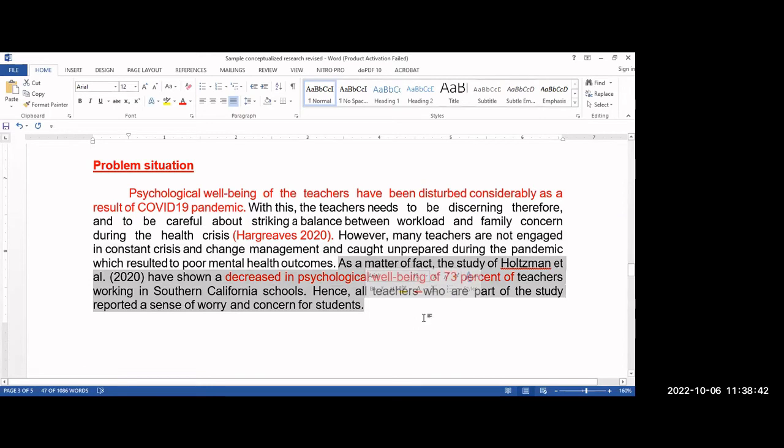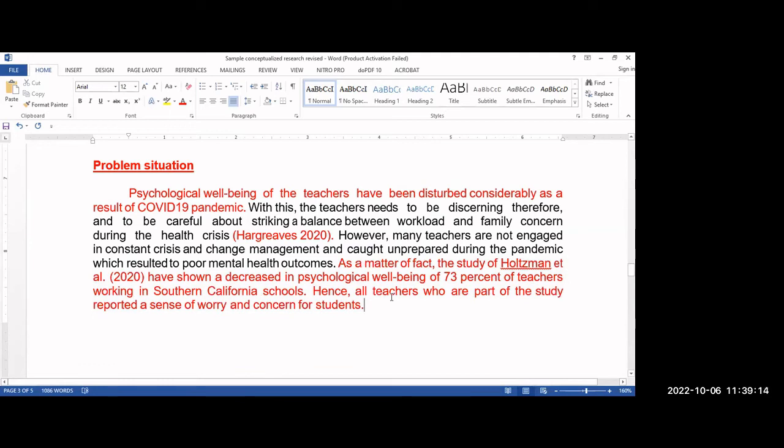As a matter of fact, the study of Holtzman have shown a decrease in psychological well-being of 73% of teachers working in Southern California schools. So you can see that the paragraphs and the statements are formed in order to form a story. This is a problem situation. This is in a global problem perspective, okay?